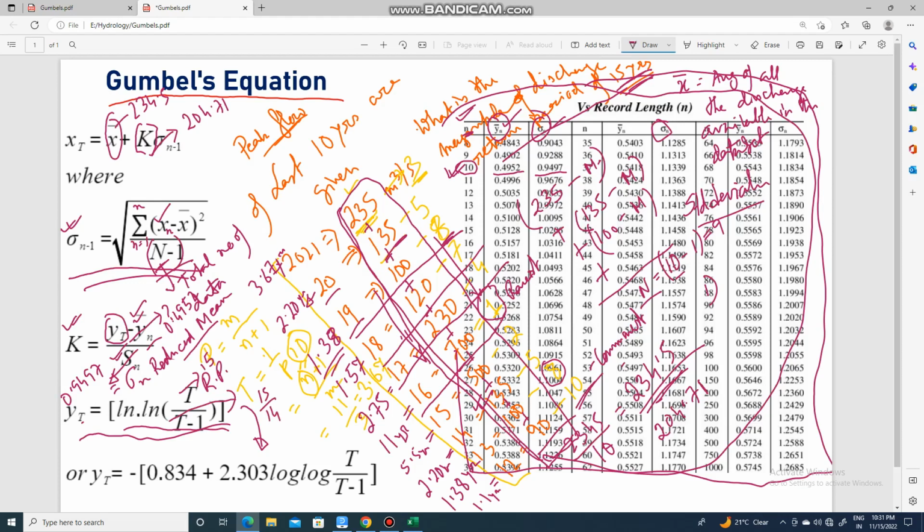So 15 by 14, and then the log of that. Let us see what the log of that will be. You can use Excel or you can use your scientific calculator for this.